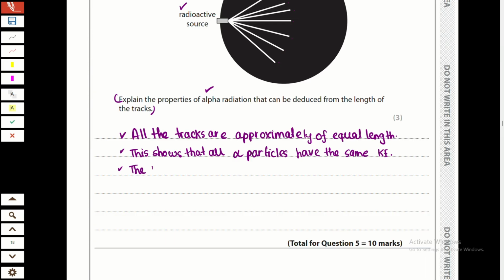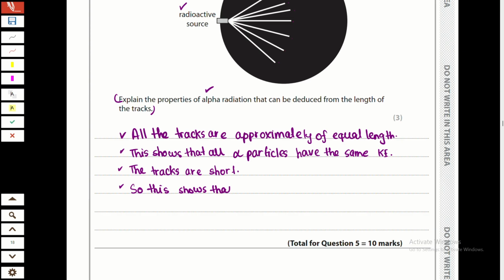The second observation that we can make from this diagram is that the tracks are short, and this reinforces the property of alpha particles that they are highly ionizing or poorly penetrating.